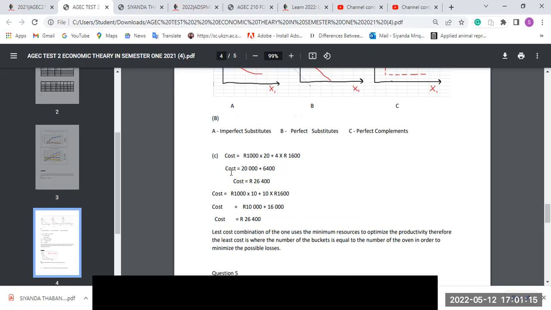So to find the isocost line, in this case, we have to multiply it. Let me double check exactly where the twin is coming from.